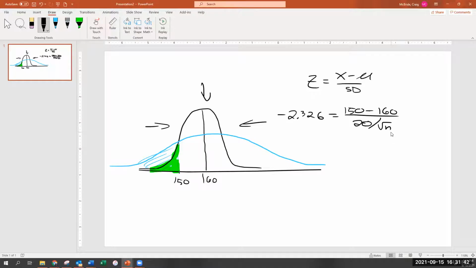How many times do you have to measure blood pressure during the day to basically ensure that the average of all those measurements will be accurate to within 1%, i.e. that they will not be less than 150 more than 1% of the time. So basically you're 99% confident that the average you get is close enough to the mean of 160 that you're not going to get this false reading of, hey, your blood pressure is fine, right?